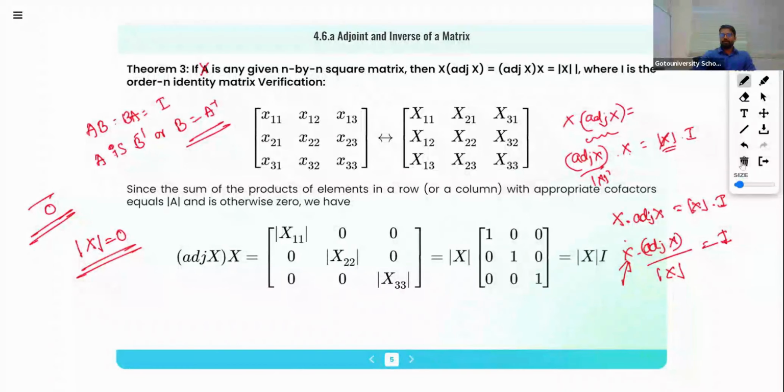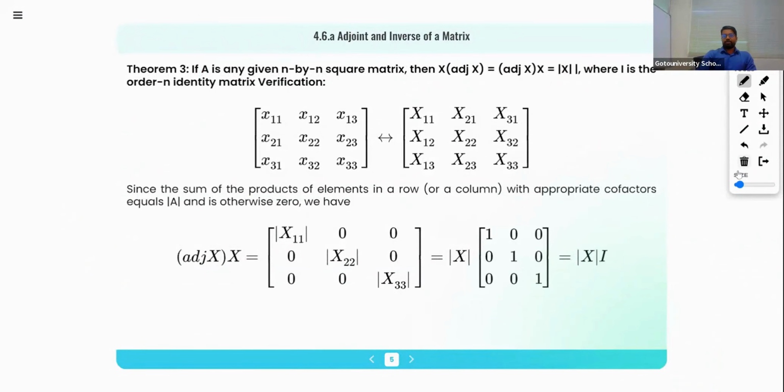So let me erase all this. There's one more important statement here. Since the sum of the product of the elements in a row or a column with the appropriate cofactors are equal to determinant A and is otherwise 0, we have this. There's an example here.